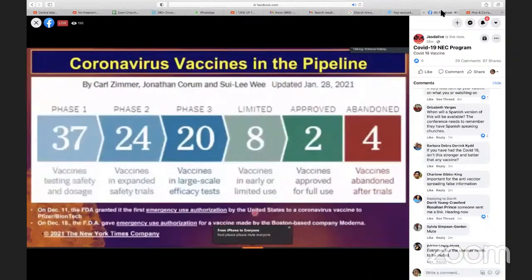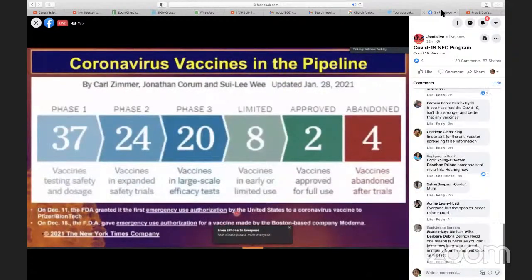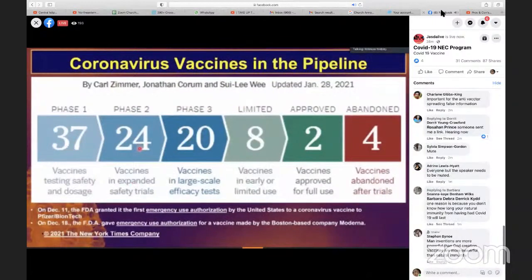Now, there are many, many vaccines that are being developed against SARS-CoV-2. There's never been an infection that has had such a huge effort to try and develop vaccines. So there are 37 in phase 1 where they're just looking at safety, 24 in phase 2, where they're looking at safety and efficacy. And then phase 3 is a trial where you actually look to see how well the vaccine works while you're still looking at safety.